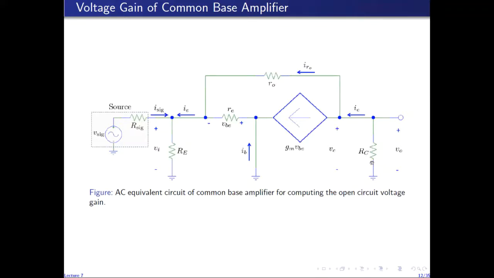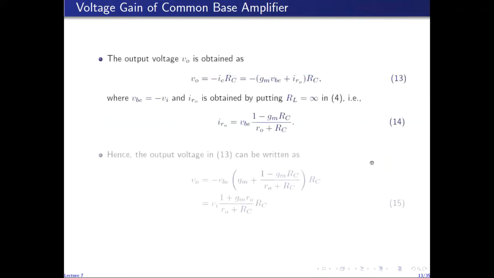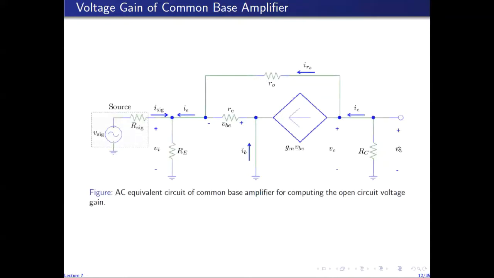Which means that I can directly use this expression obtained for V naught to compute VL. So I compute VL by using this expression for V naught, and in this expression I replace RC with RC in parallel with RL, because when I connect the load resistance, then I can combine the load resistance with RC and convert the two parallel resistances into one, hence obtaining this circuit again.